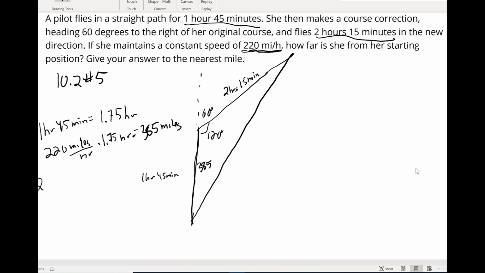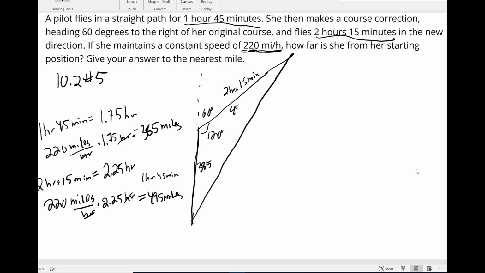And then 2 hours 15 minutes is the same as 2.25 hours. So 220 miles per hour times 2.25 hours, the hours cancel, and you end up with 495 miles. So this side is 495.